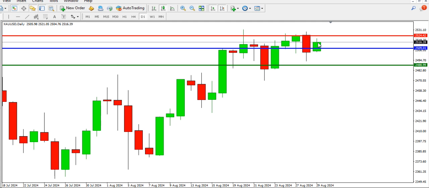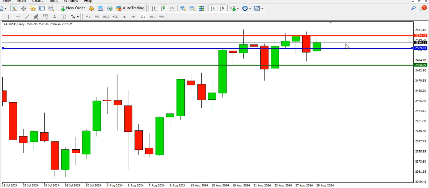So we might see the price of gold testing and crossing above the first resistance. But if price drops, it might drop below the pivot line and test the first support at 2488.99. One more thing to look at is yesterday's candlestick.